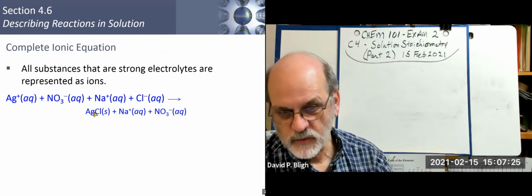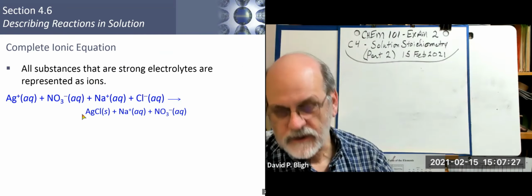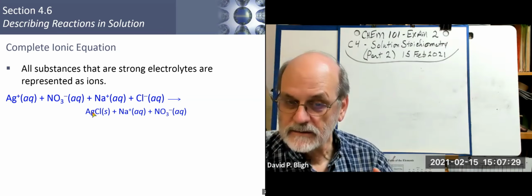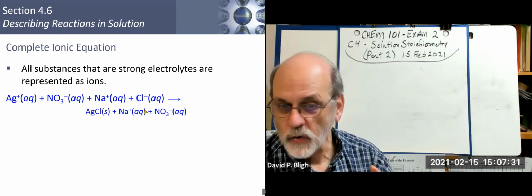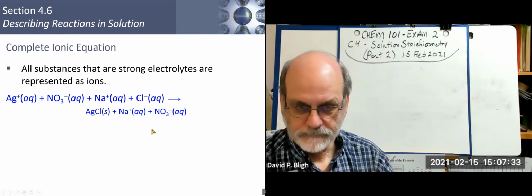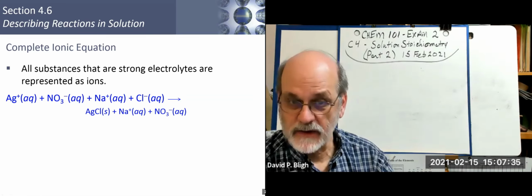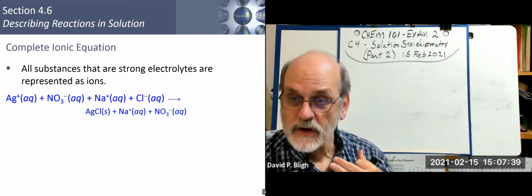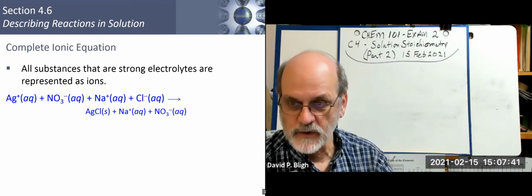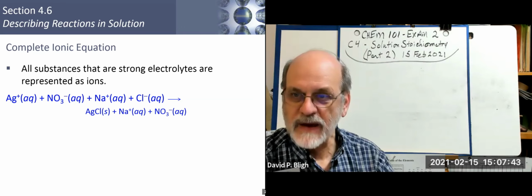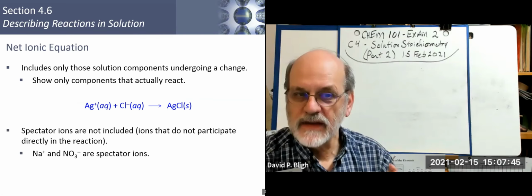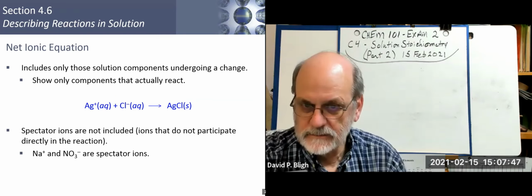This one combines with that one. This one combines with that one to make that one. But these two don't combine. This is the complete ionic equation. The net ionic equation cancels out those spectator ions, we call them. The spectators are gone in the net ionic equation.